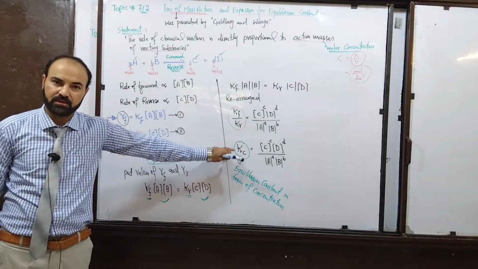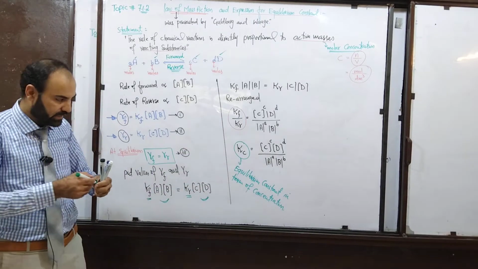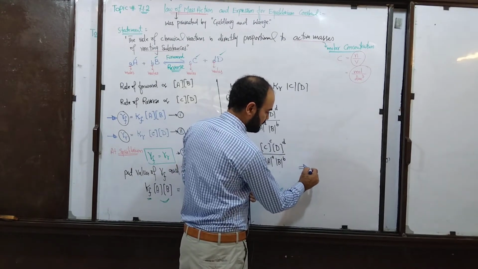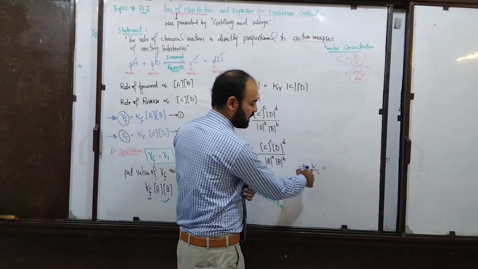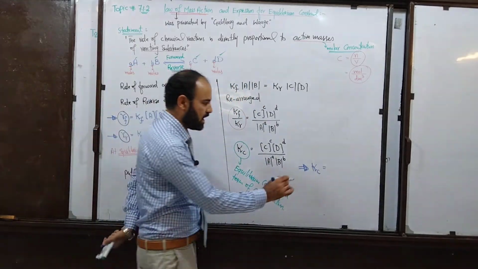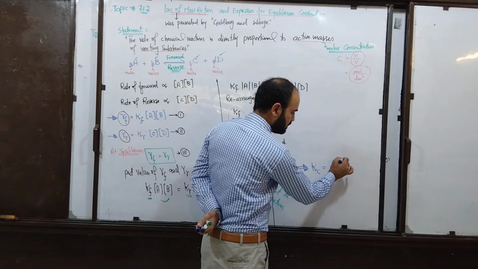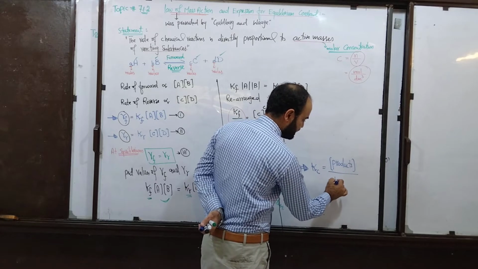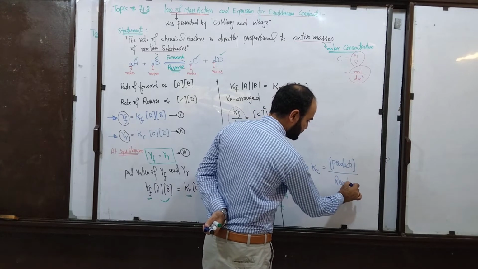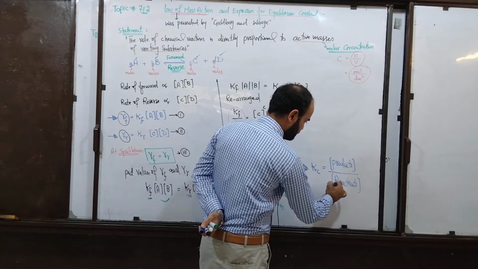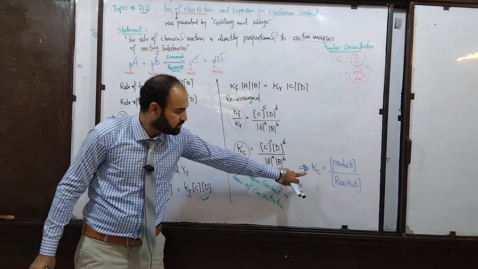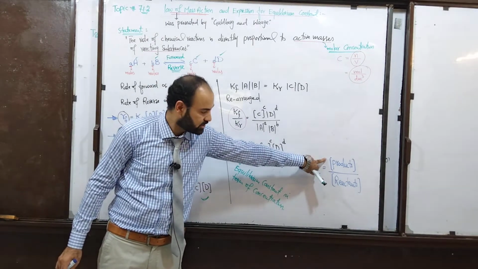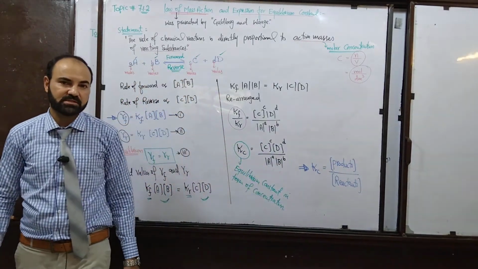So I can also write it as: Kc is the equilibrium constant in terms of the molar concentration of products divided by the molar concentration of reactants. And that is known as the constant expression of equilibrium.